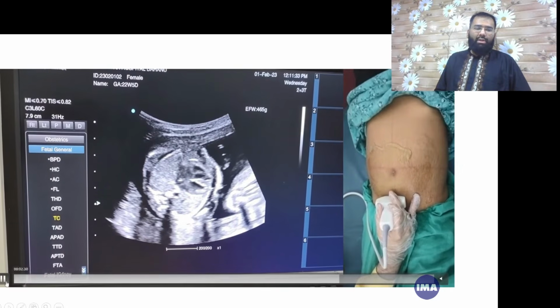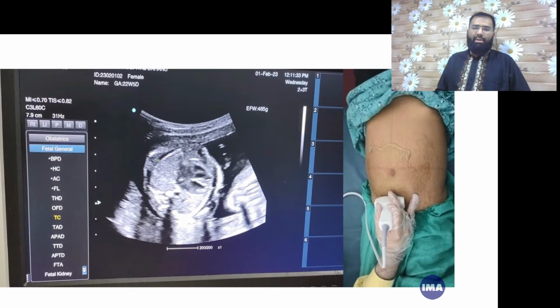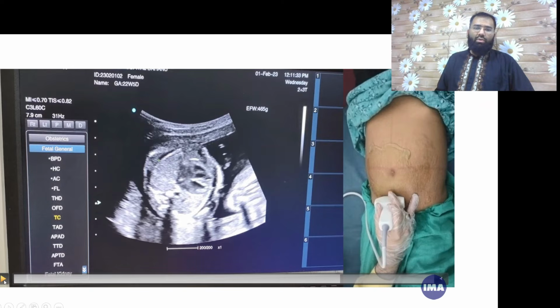Now, I am demonstrating here how to take the thoracic diameter. The thoracic diameter is taken a bit differently. Here I have taken a view where you are able to see the fetal thorax and the four chamber view of the heart, and the thoracic diameter is taken. The difference between thoracic diameter and abdominal diameter is that the thoracic diameter is taken from inner to inner, so you only include the bony thorax and you won't include the outer soft tissue, whereas in case of abdominal circumference the outer soft tissue is also included.